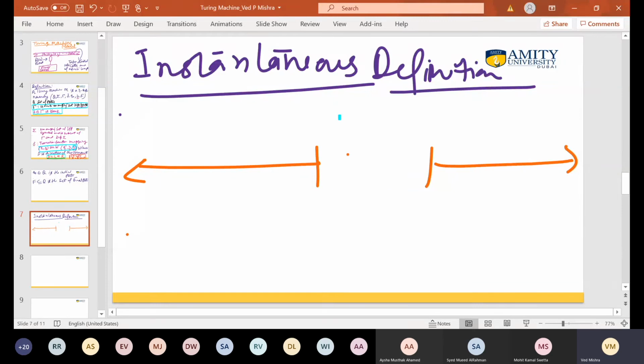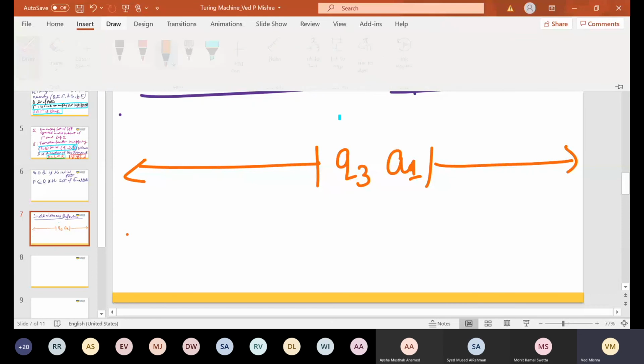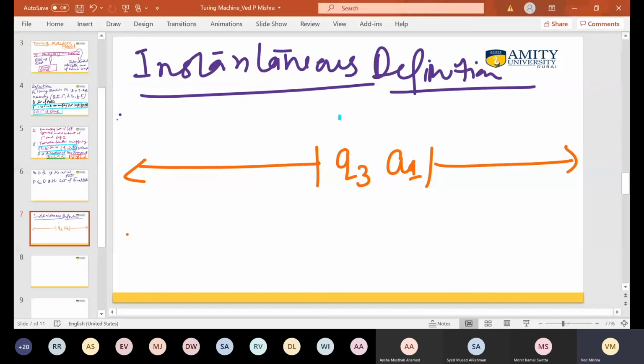And you have something here, Q3, A1. Now A4, A1, A2, A1, A2, A2.